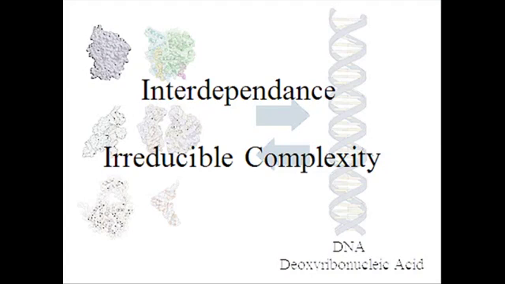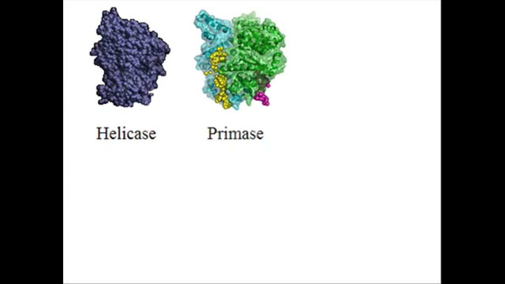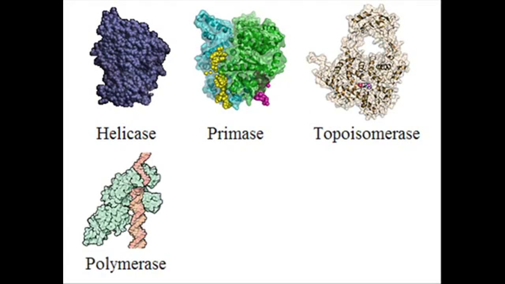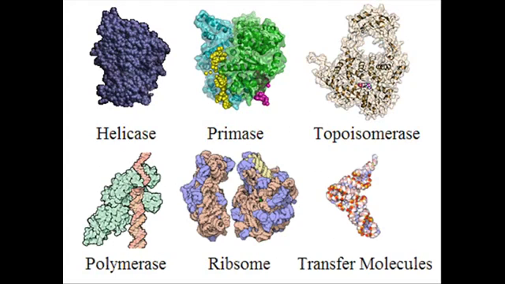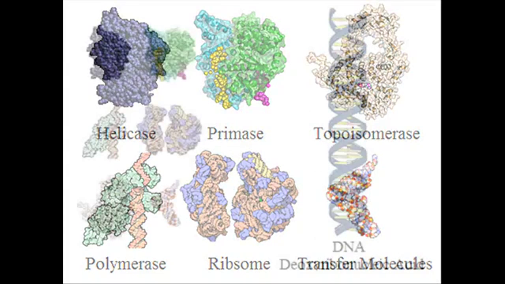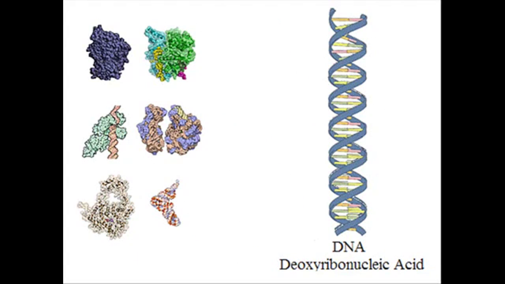Some of the molecular machines of the cell required for the functions of DNA and the cell are helicase, primase, topoisomerase, polymerase, ribosomes, and transfer molecules. These molecular machines are all interdependent with the cell and with genetic information.